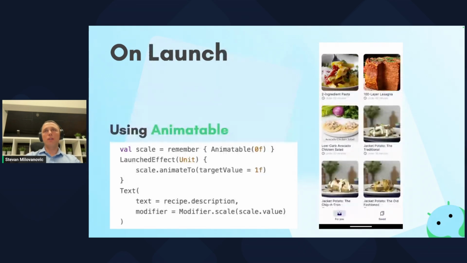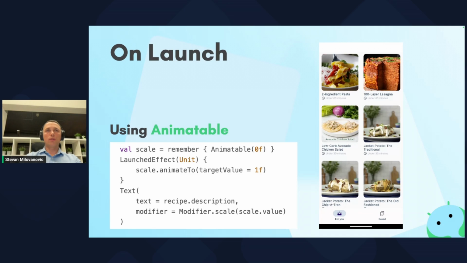Okay, we covered the on-state change API, and the next possibility, as we said, is to trigger the animation on launch. Here we use the launched effect, and to define the state, we used the Animatable concept, which is just a value holder that automatically animates its value when the value is changed through the animateTo method.